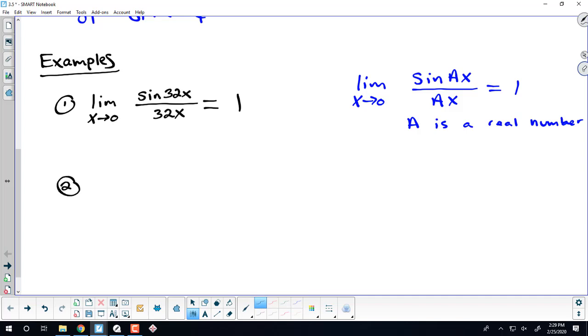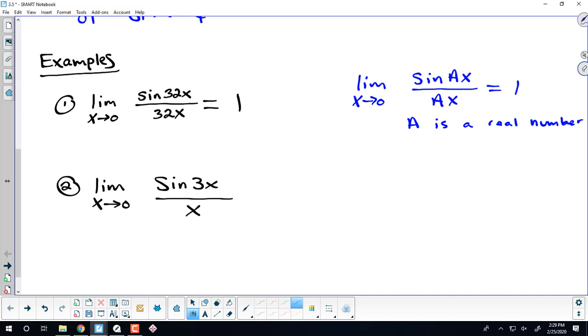Some of the other ones aren't as straightforward. You've got to manipulate them a little bit. So, for instance, the limit as x approaches 0 of sine of 3x over x. We've sort of alluded to what that limit should be.